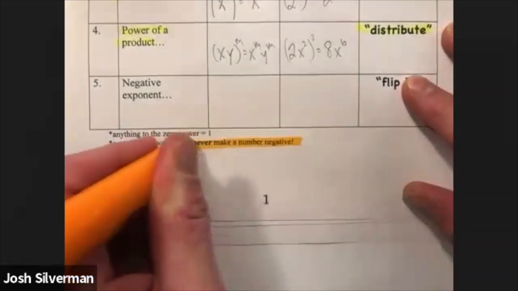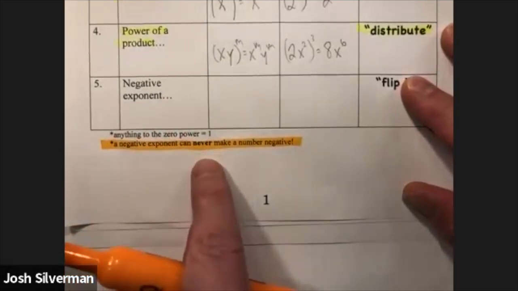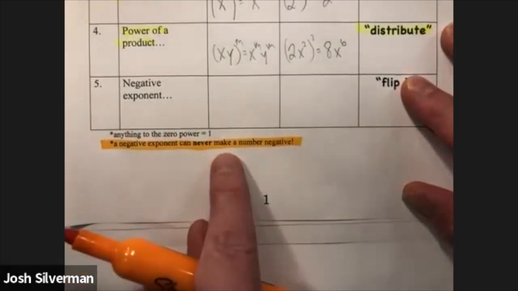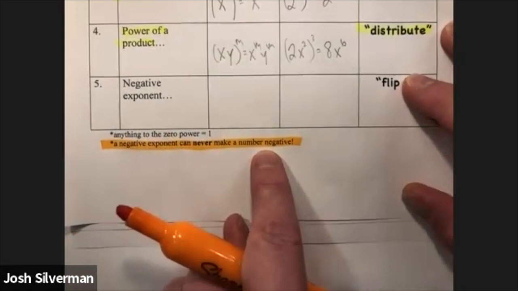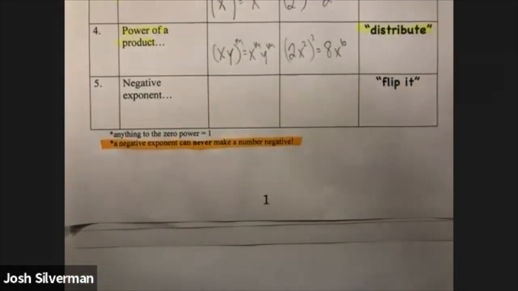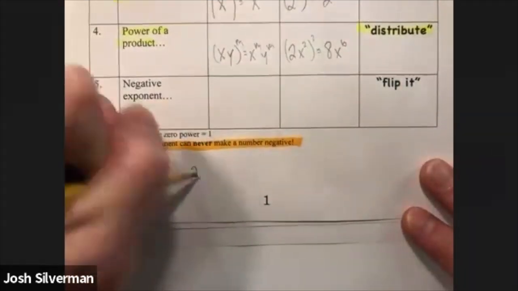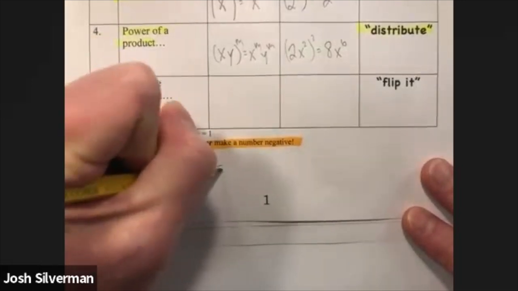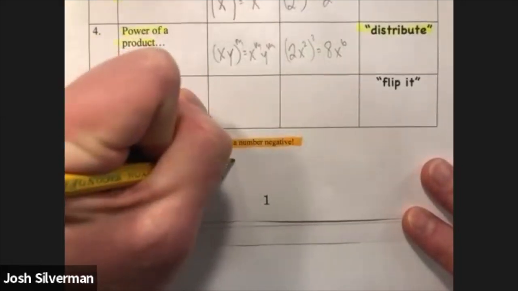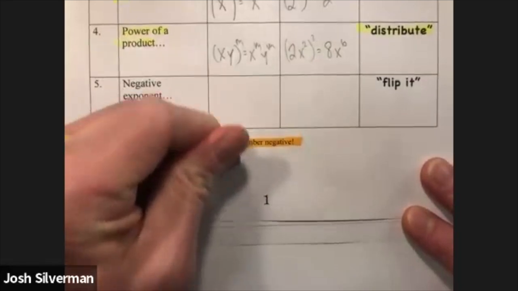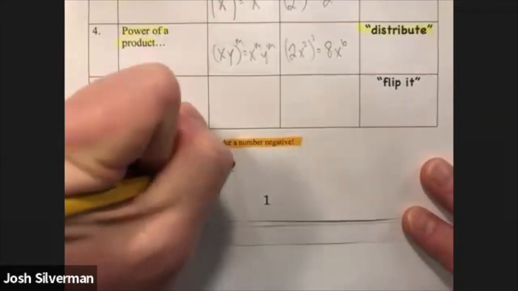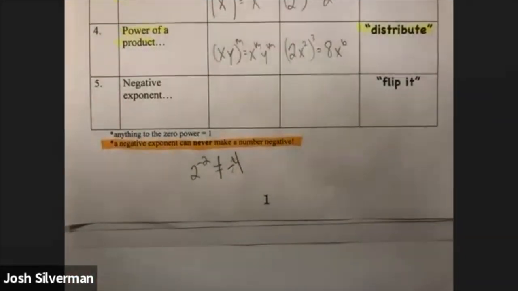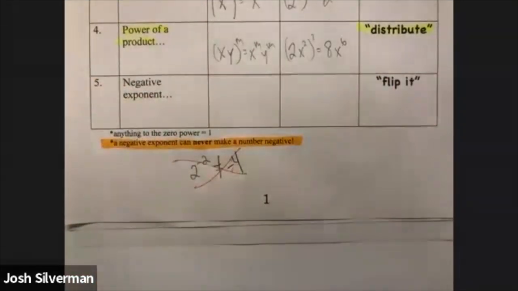A negative exponent can never make a number negative. A negative exponent does not make things negative. 2 to the negative 2 does not equal, wait for it, negative 4. That is not true. But that's a very common misconception.